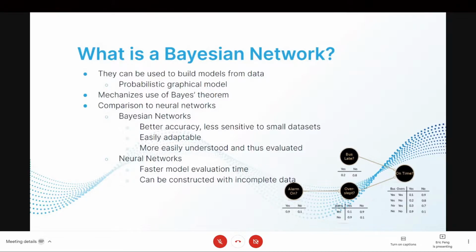Neural networks can also be constructed with incomplete data, which is a huge benefit because normally you don't have complete data sets to train on. Whereas in Bayesian networks, you need to have a complete data set with distributions, or else it won't work properly.